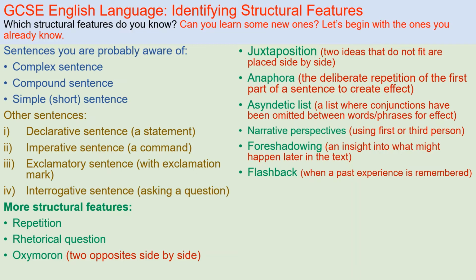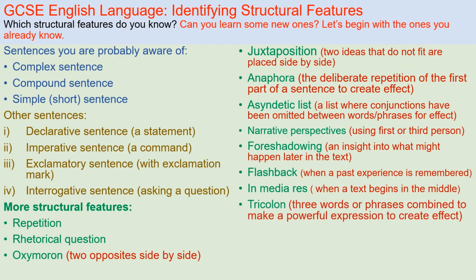And then flashbacks, when a past experience is remembered. Now we have in medias res, when a text begins in the middle. And then tricolon or triads, when three words or phrases combined are used to make a powerful expression to create effect.